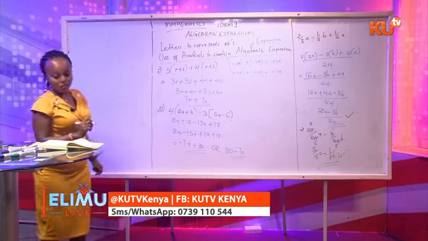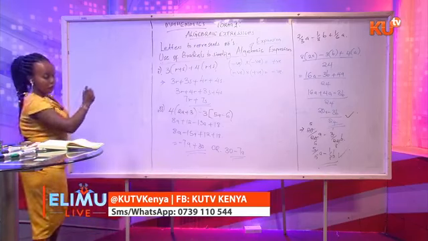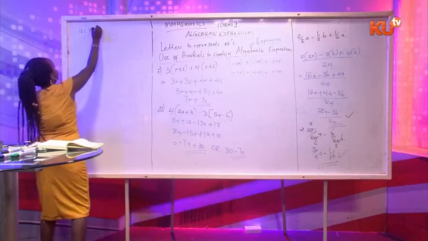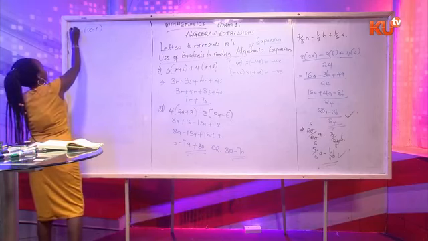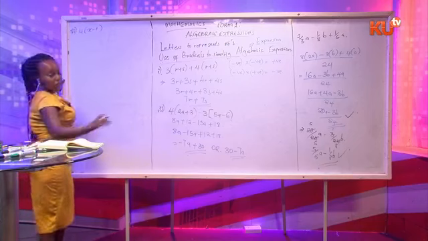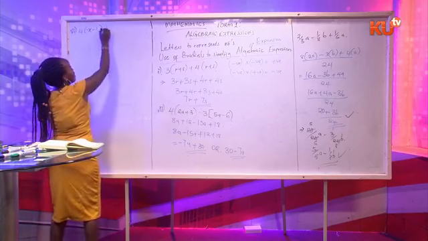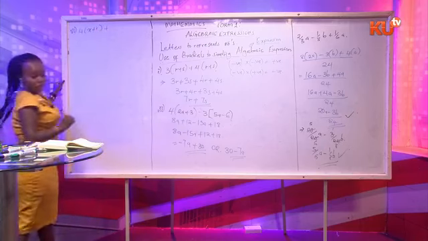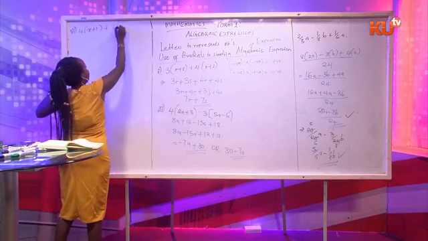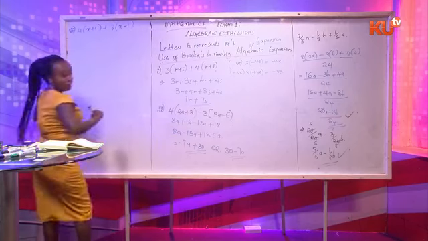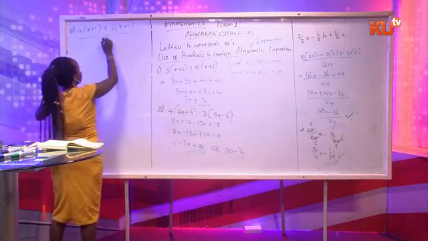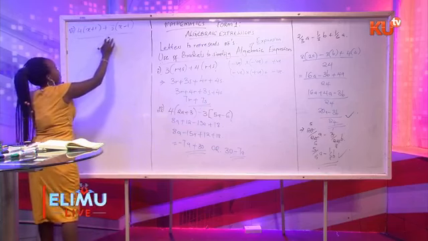So let us have 4 into x minus 1, plus 3 into x minus 1, and then all over 6. So you have to simplify that.